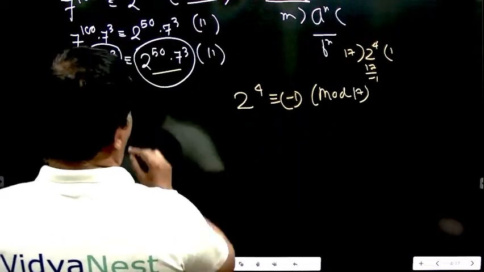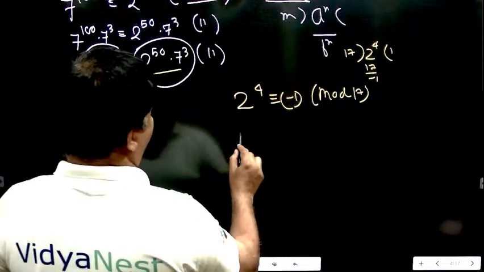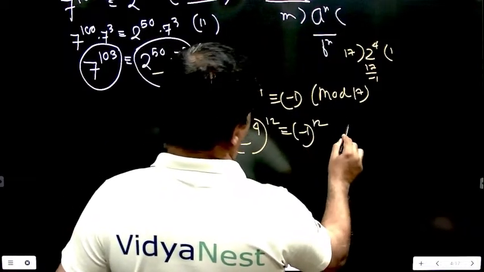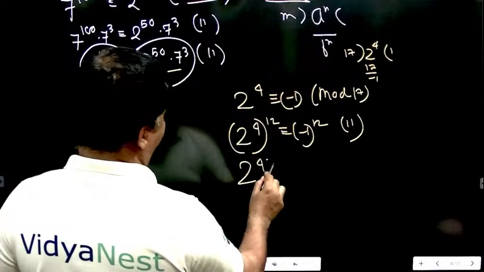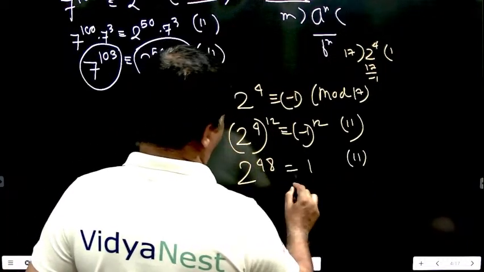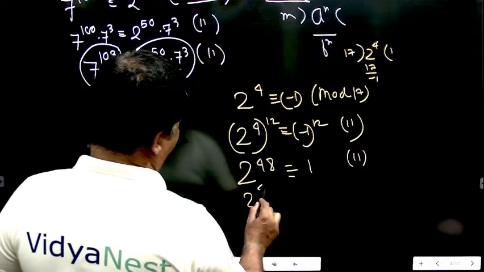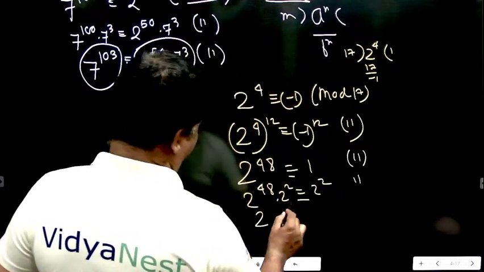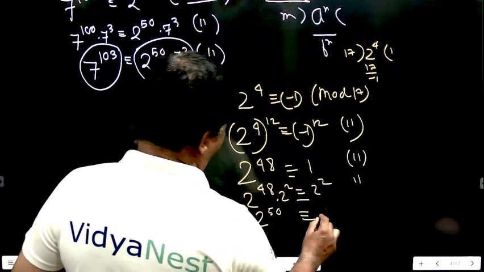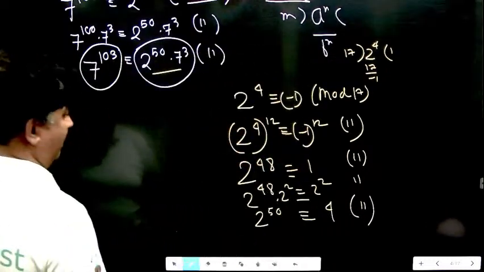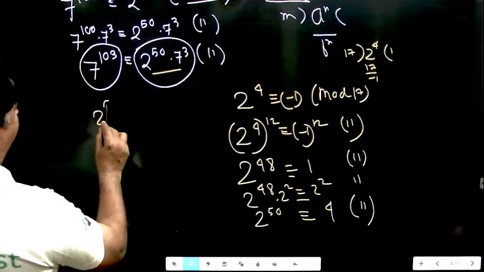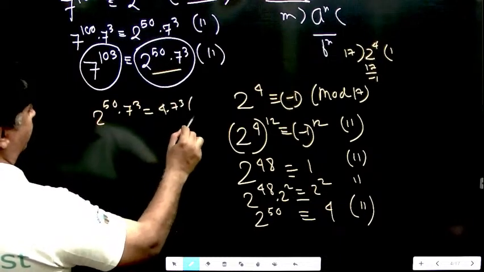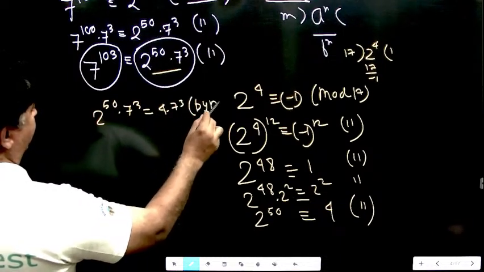Now, how to get nearest value to 2 to the power 50? Take the 12th power, 2 to the power 48. Now, to get 2 to the power 50, you introduce 2 squared on both sides. That means 2 to the power 50 will give you remainder 4 if you divide it by 17. So 2 to the power 50 into 7 cube means 4 into 7 cube mod 17.